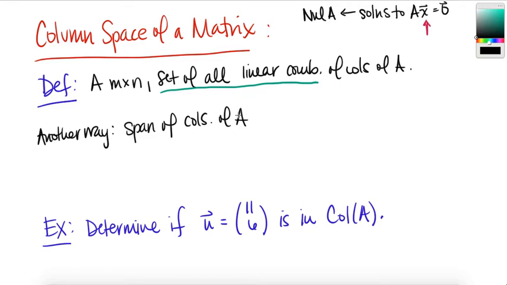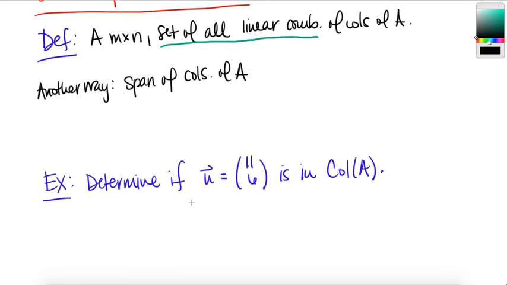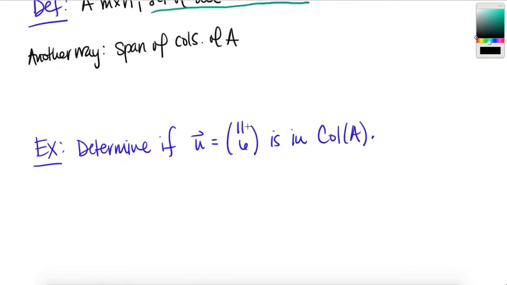Okay, and let's think about this for a second. So with the null space, right, we're talking about solutions to something. You have to solve to find them. They go right here, okay? And with something in the span, when we're asking if something is in the span, like in this example, determine if (11, 6) is in the column space of A. Did I give you a matrix A?